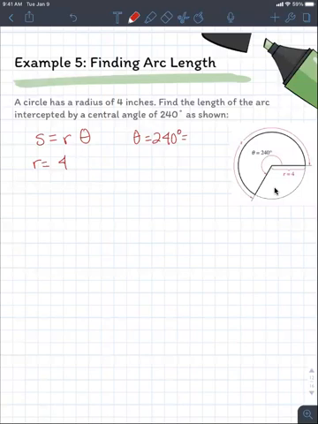The mathy way? You got it. So the mathy way, we'll multiply by pi over 180, which gives us 4 pi over 3.